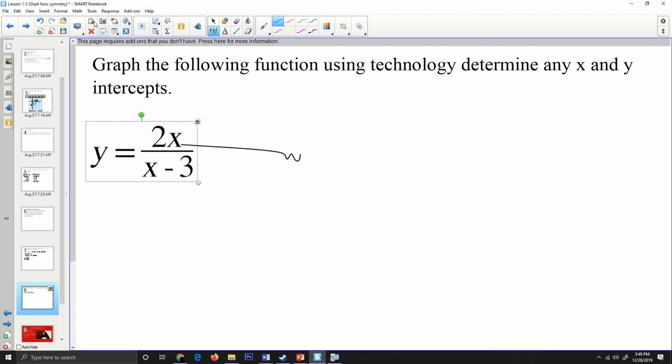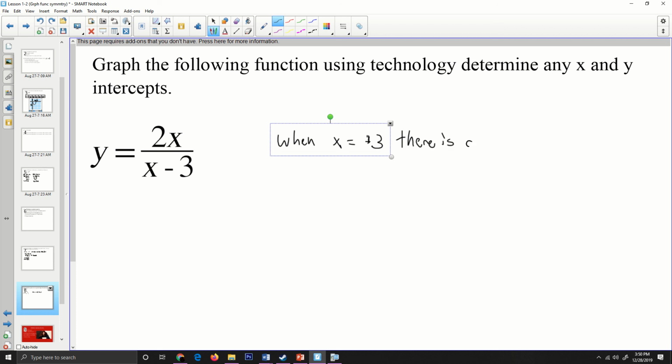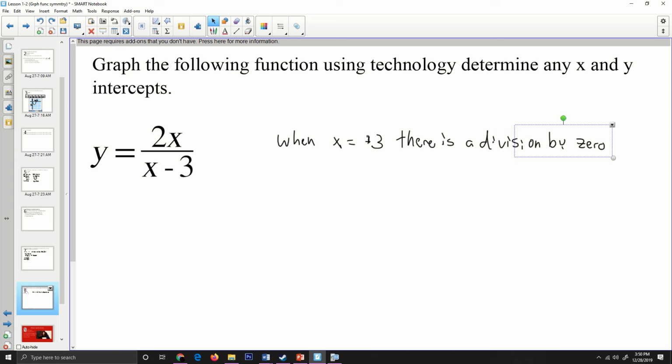So when x equals positive 3, there is a division by 0. And when you have a division by 0, that's an issue.